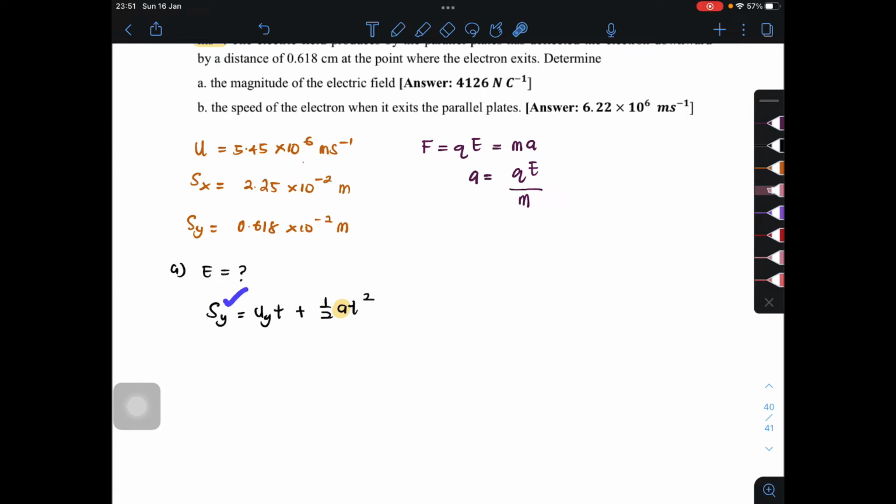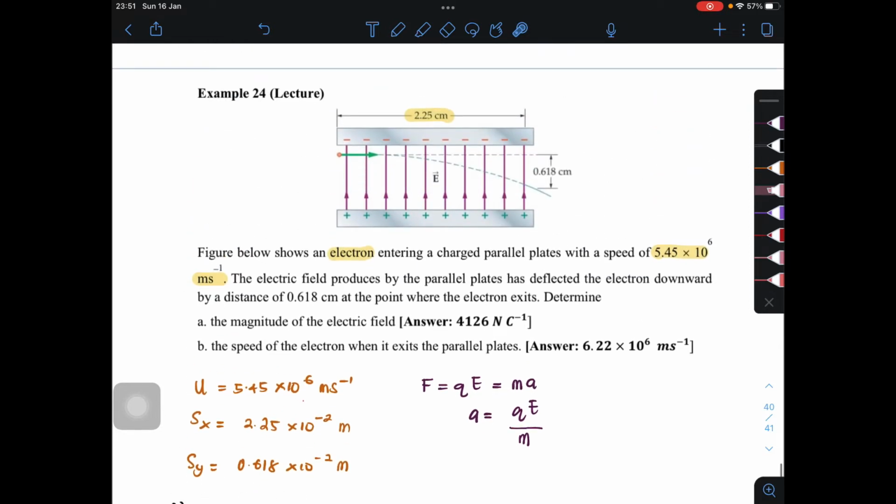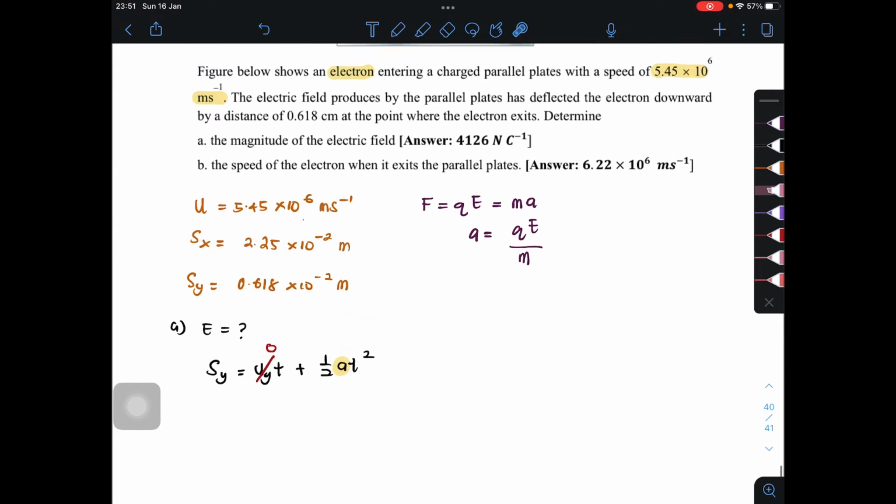We have Sy, and Uy is equal to 0, because when the charge enters, it only enters going horizontally, like this. So Uy will be equal to 0, and U here will be equal to Ux. Acceleration is what we want, but we don't have a value for t. So how do we find this time?